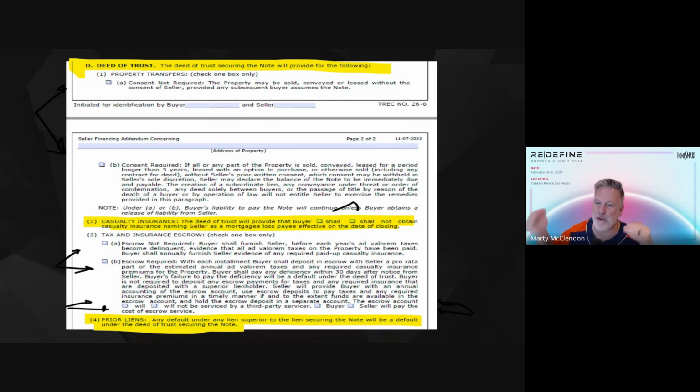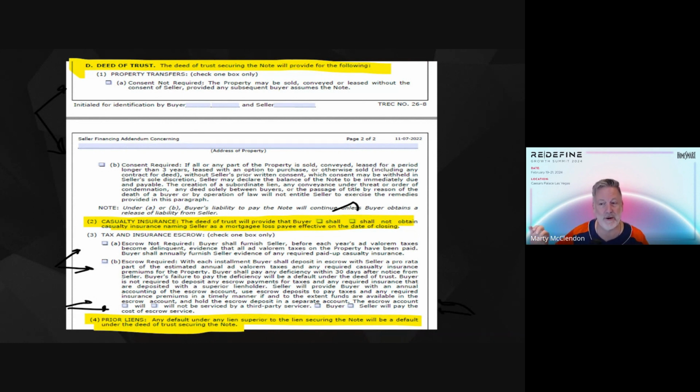So this one, if you check option B on the seller side, the seller is saying that if you lease the property for more than 3 years, if you sell the property, you sell it on contract, whatever you do with the property, you have to get my permission first, which I can deny and ties it up. So typically you're going to see the paragraph 1 there checked, no consent.